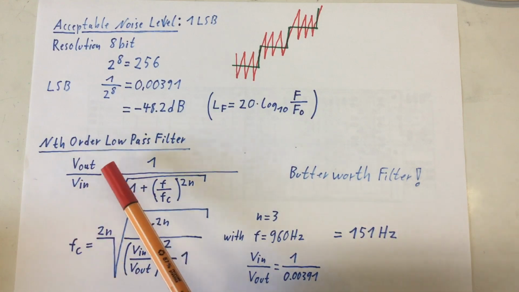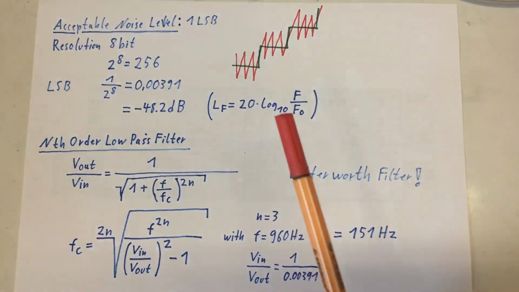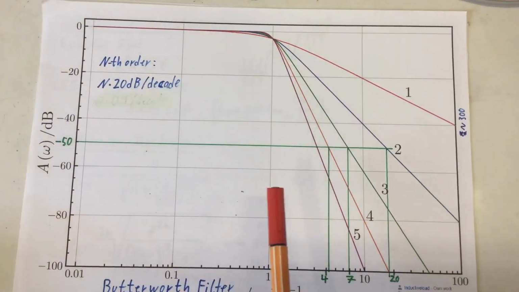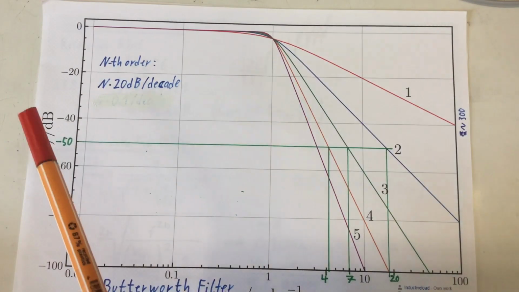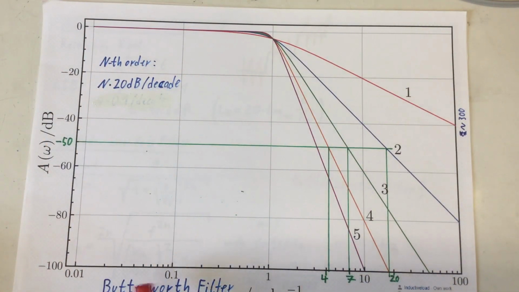If you convert the ratio between output and input voltage into decibels, you get exactly the picture we've been staring at the whole time. On the y-axis in decibels, ratio input to output voltage, and on the x-axis, ratio input frequency to cutoff frequency 1.